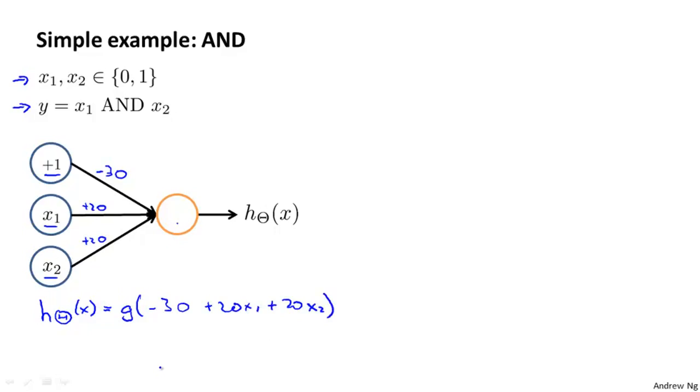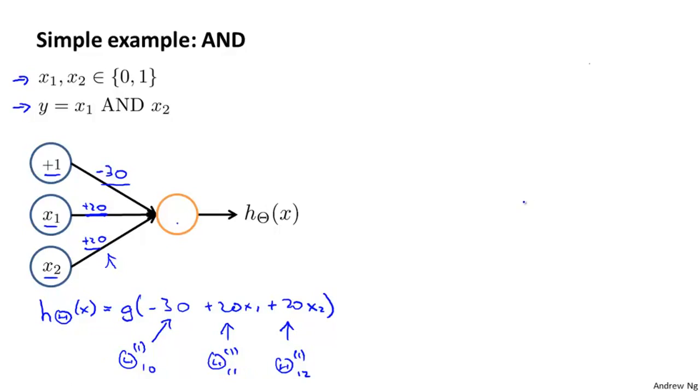So sometimes it's just convenient to draw these parameters up here in the diagram of the neural network. And of course, this -30 is actually theta 1 of 1,0, this is theta 1 of 1,1, and that's theta 1 of 1,2. But it's just easier to think about it as associating these parameters with the edges of the network.